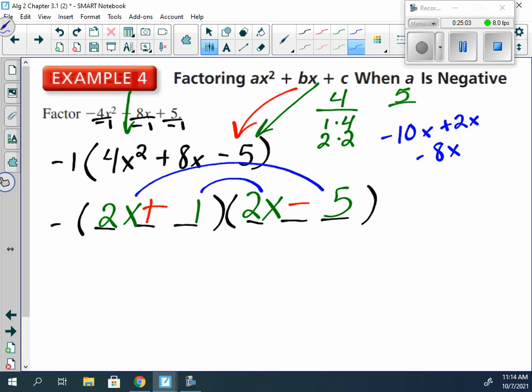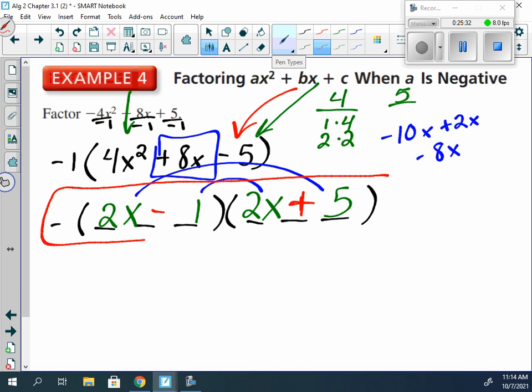Because we want the 8x to be positive, since we pulled the negative out, it turned the 8x from negative to positive. We pulled that negative out, so we need it to be positive. So exactly, we can switch our signs. And that would give us the correct answer.